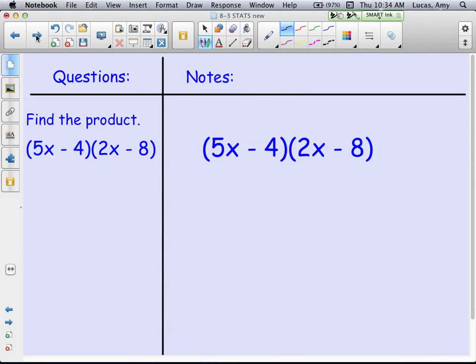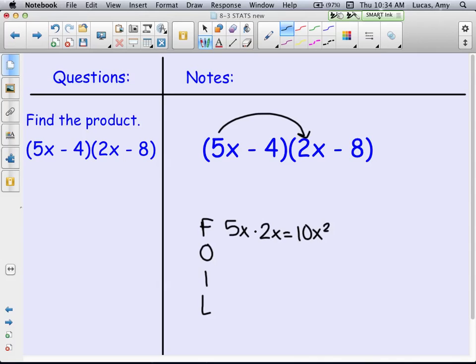Now I'm going to still do FOIL, but I'm going to connect them to make a smiley face. So, first, 5x times 2x is 10x squared. Outside, 5x times negative 8 is negative 40x.